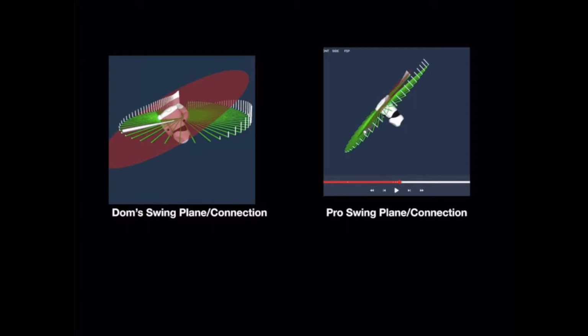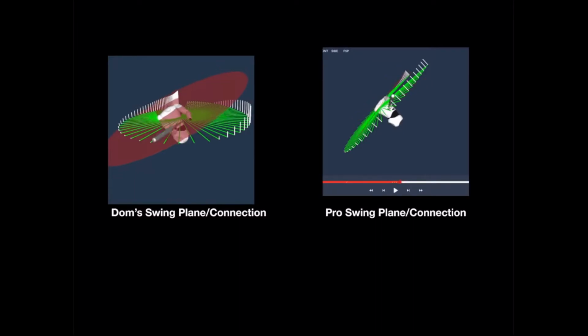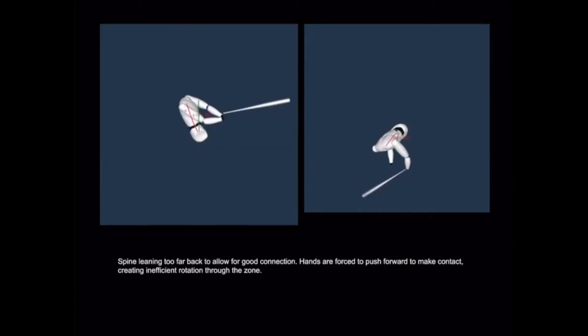This can be seen by his posture leaning backwards towards the catcher, but his bat still moving through the strike zone. On the right, you can see how a pro would attack this same pitch. By hinging at the hips, he can align his body to rotate into this pitch much more efficiently.